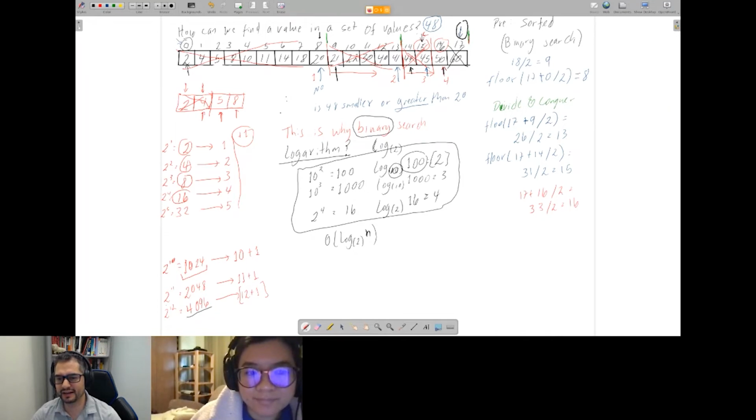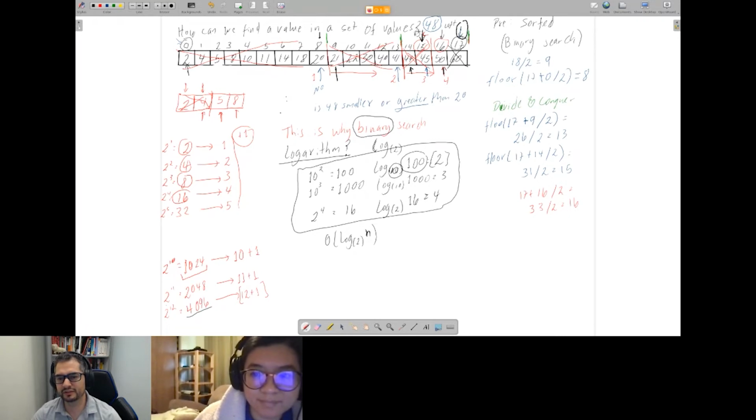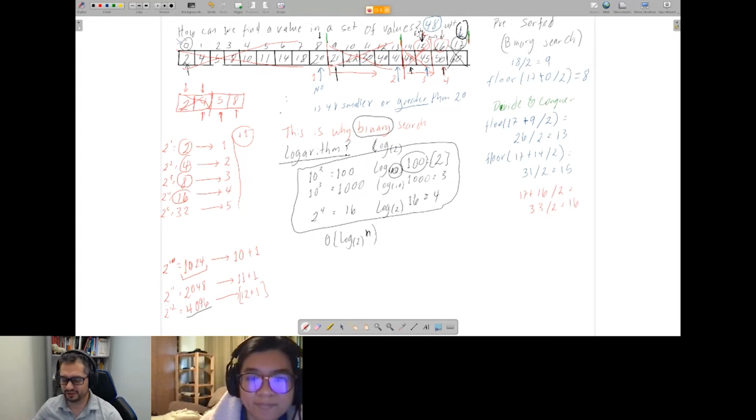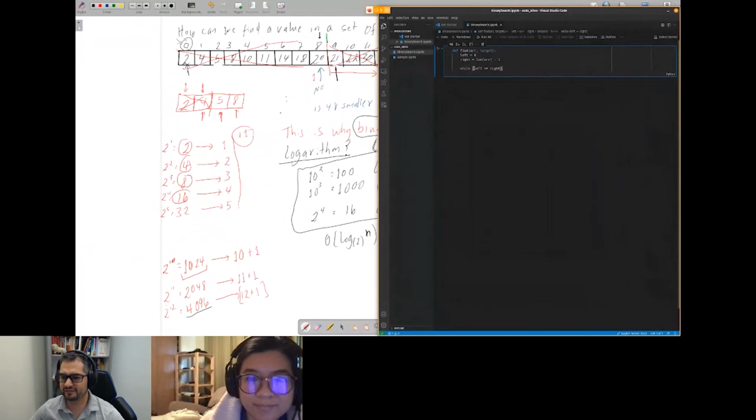Instead of being 17, I'm saying, oh, I'm going to look back here. So I'm going to move my right pointer to the one before me. So now this is left and this is right. So now right is less than left. That means there is nothing here. Like I run out of room. The element is not there. Like I won't find it, right?